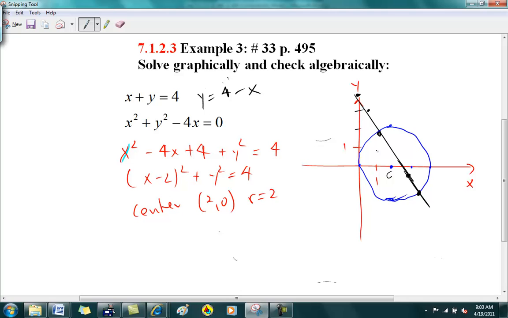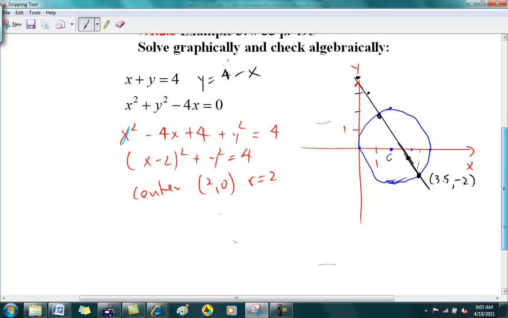To me, this one looks like x equals 1 and y equals 2, but that doesn't fit the equations that we have. This one looks like 3.5, comma negative 2, I'd say. I'm just going to wing this and see whether that really works, because I'm ultimately going to check it algebraically, and then I'll fix these points.